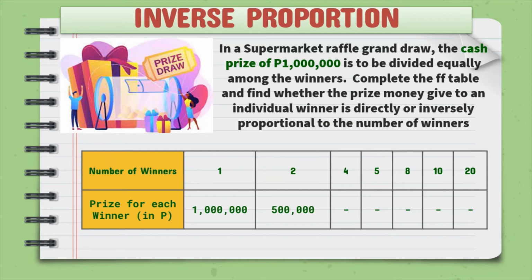This row is the number of winners, and then this one is the prize for each winner in pesos. So, if we have one winner, he will get the prize of 1 million. If two, they will get 500,000. So how about for 5 winners, 8 winners, 10 winners, 20 winners? So we will find out.